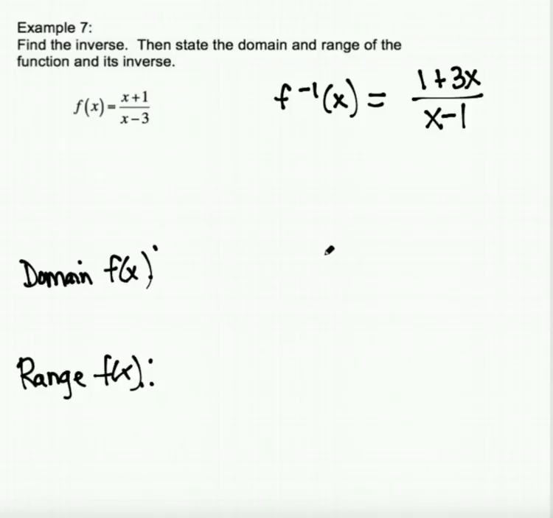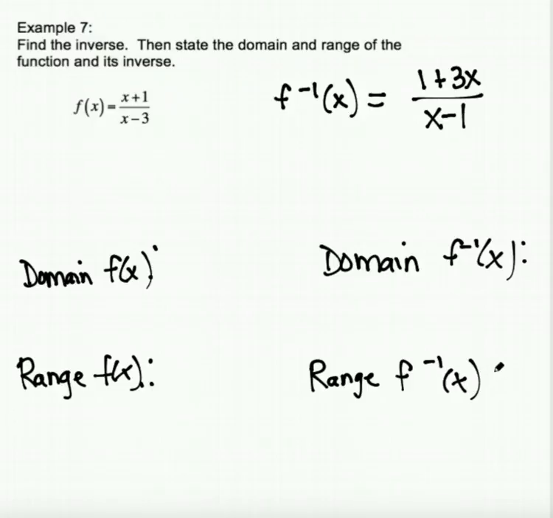I also need to find the domain of my inverse and the range of my inverse. We know that the ranges will just fall into place. So let's find the domain of each of these functions.